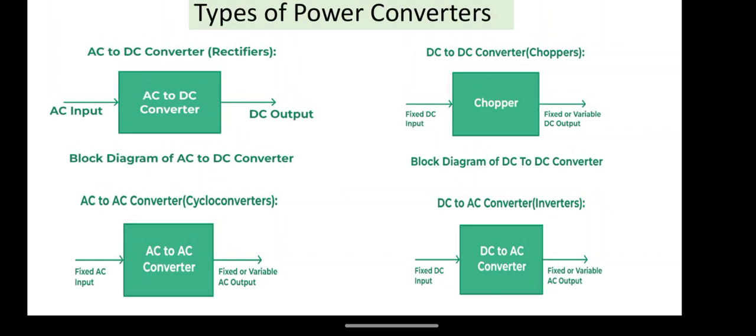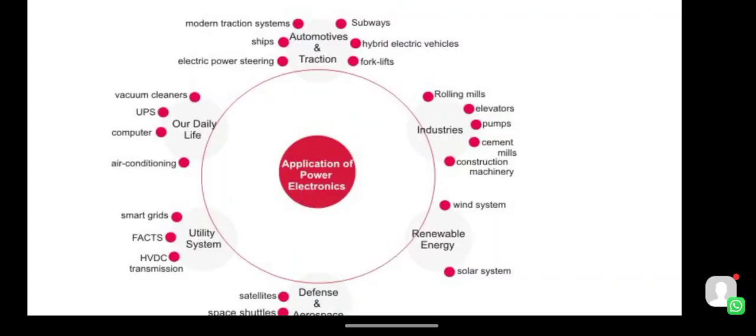This is the role of an inverter. So in general, we are going to cover all these 4 types of power converters in detail in each and every chapter of this subject.